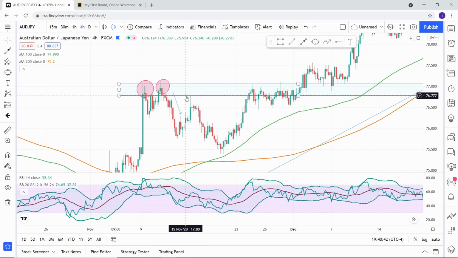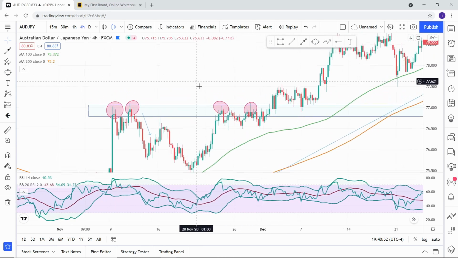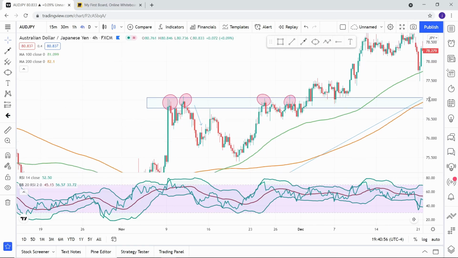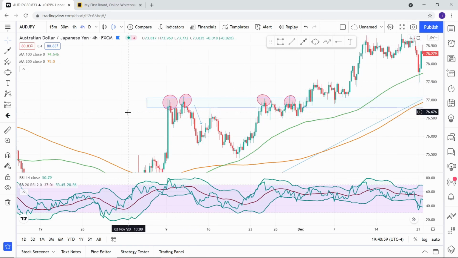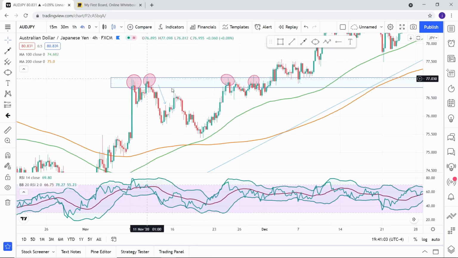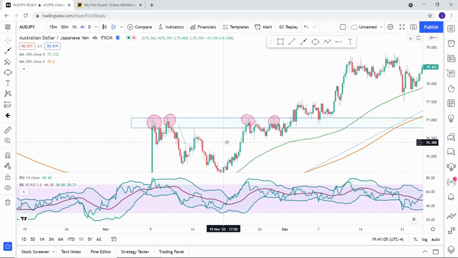Came back, moved away further, came back again, and again, multiple times we had price coming right into that area. So at that point, what we can see is that for whatever reason, price is having a significantly hard time pushing past this area, meaning that this area right now has some sort of importance to us as traders.